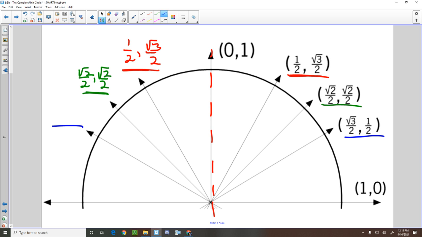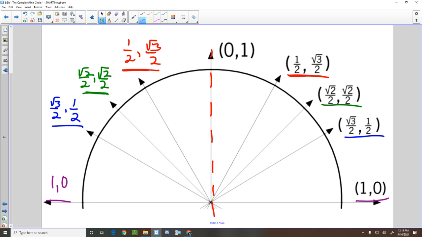That third angle will be right here. That's root 3 over 2, comma, 1/2. We're just matching them up, just shifting them to the left. Then finally you have 1, 0. It's going to go right here, 1, comma, 0. So start by just moving the exact same numbers over, just flipping them over.